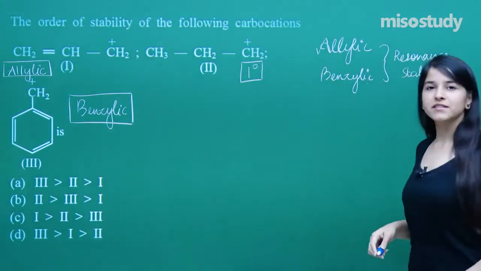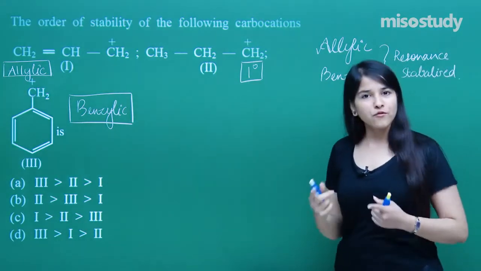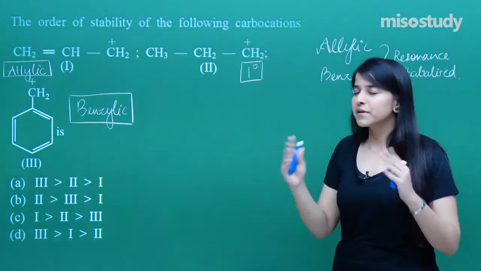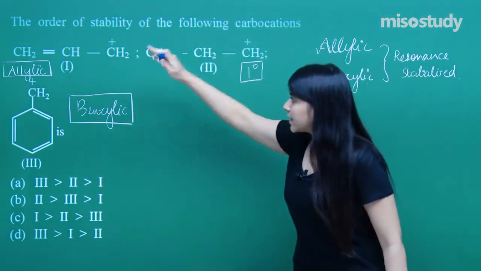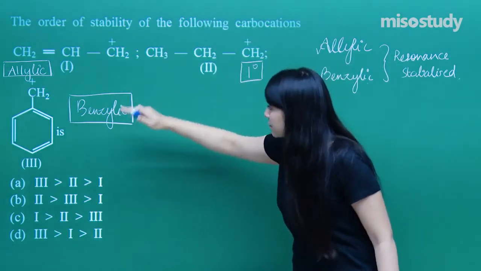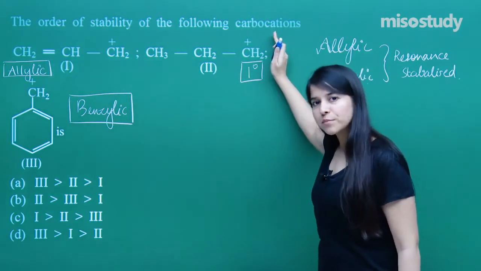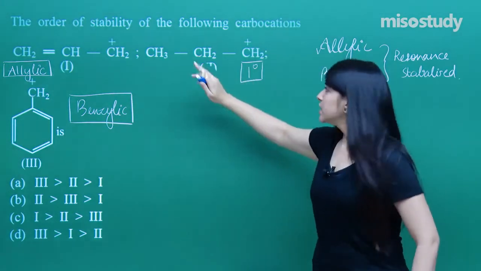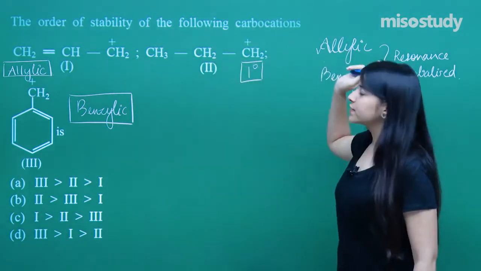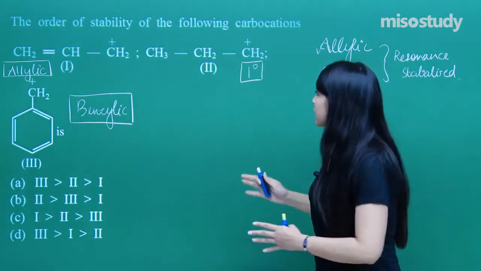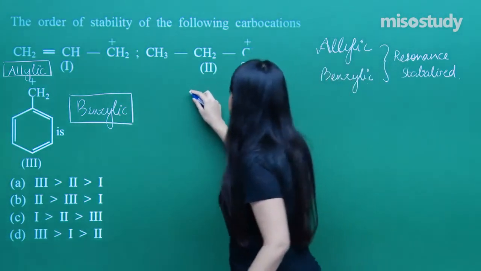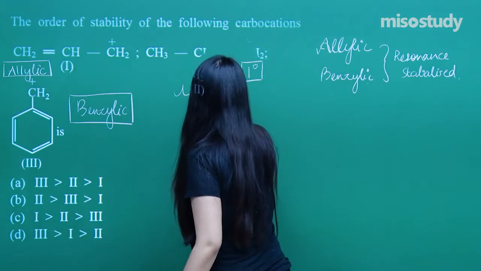That means we have got the answer but not the complete answer. Allylic is resonance stabilized, benzylic is, but this one is not. So this would be the least stable option. We want the order of stability, the most stable and the least stable. We have got the least stable over here.